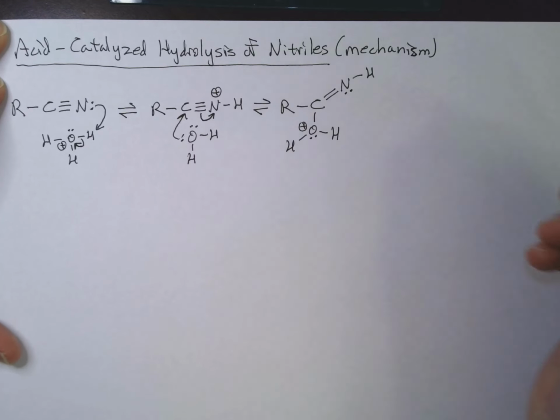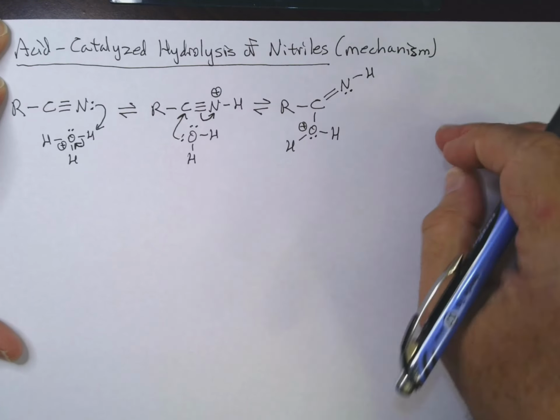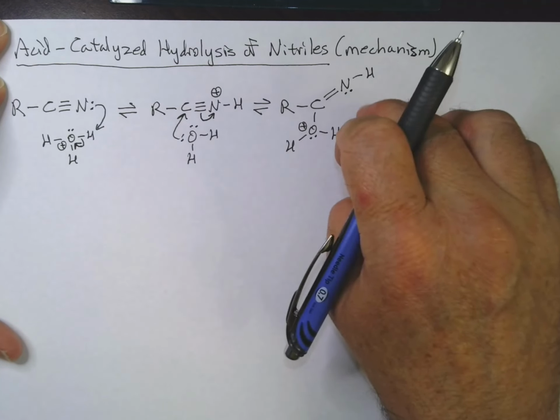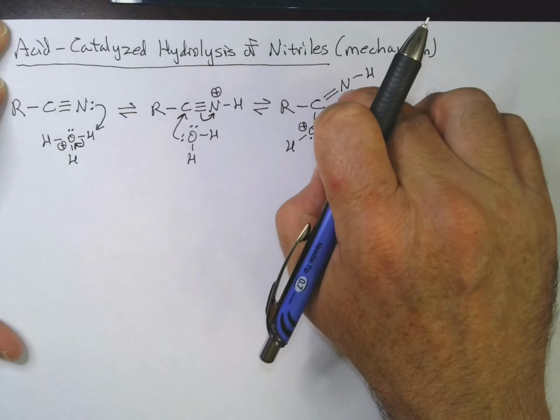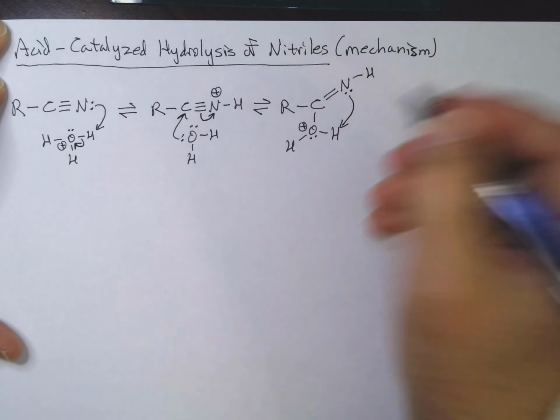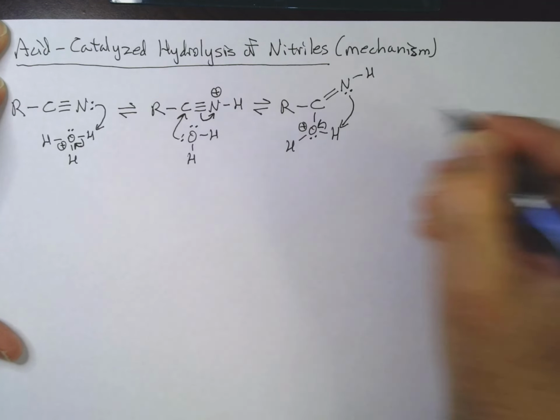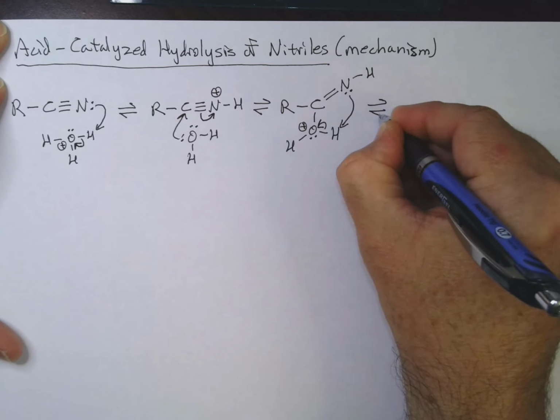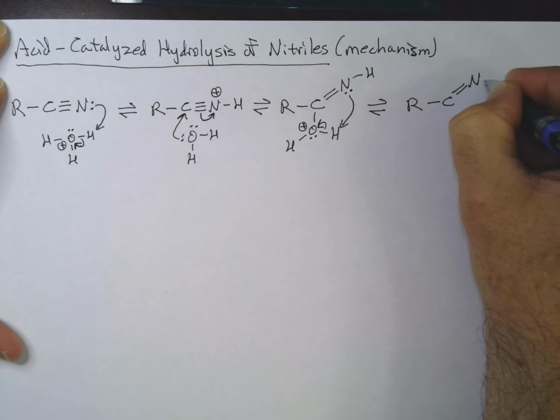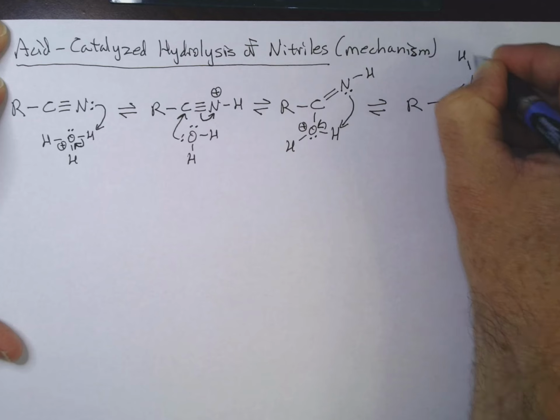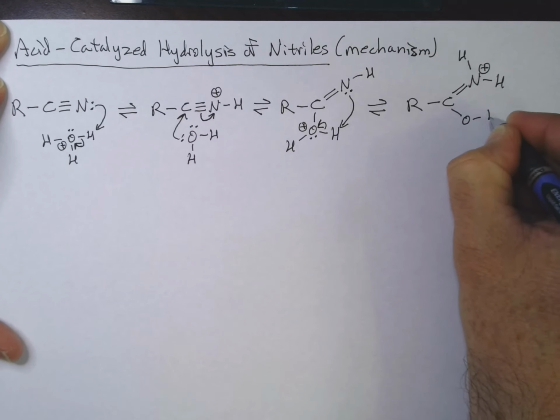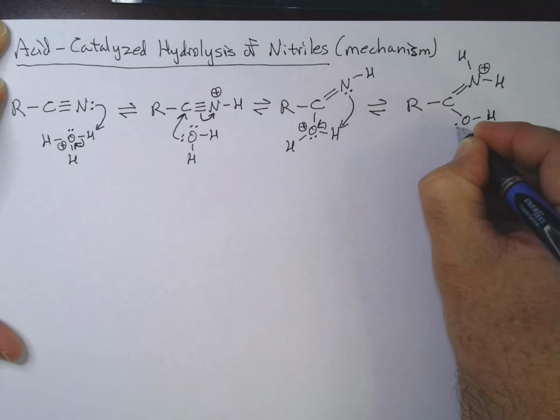So now we'll do a couple of proton transfers. I could have a molecule of water deprotonate and a molecule of H3O+ that has a proton pulled off by that lone pair, but I'm just going to do the intramolecular one instead because, well, I'm feeling lazy. And that now gives us RC double bond N H positive charge OH lone pair.